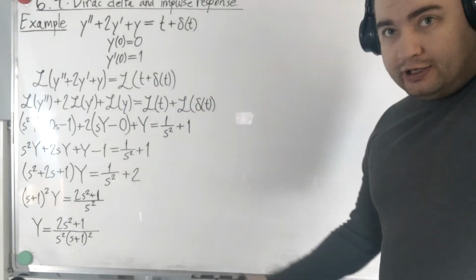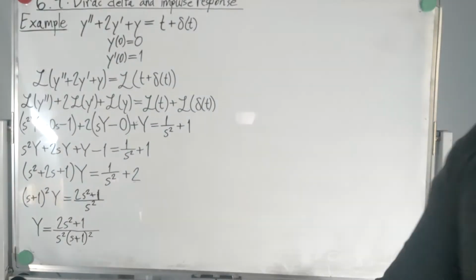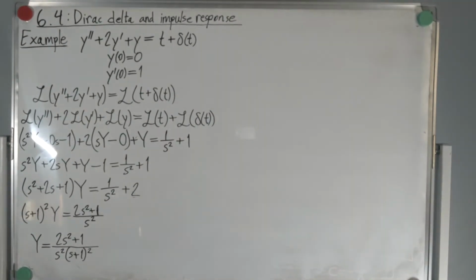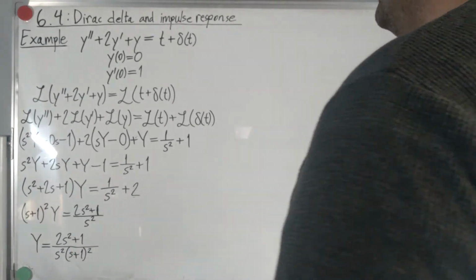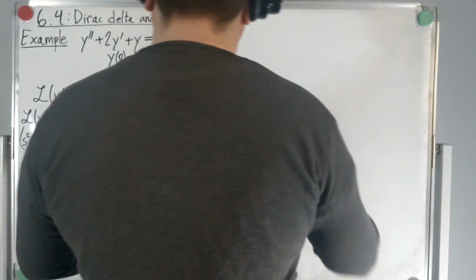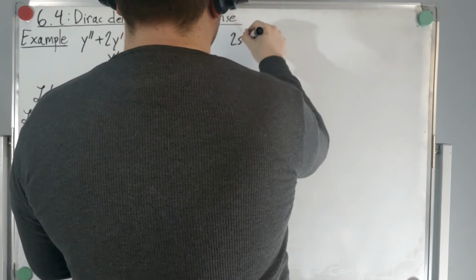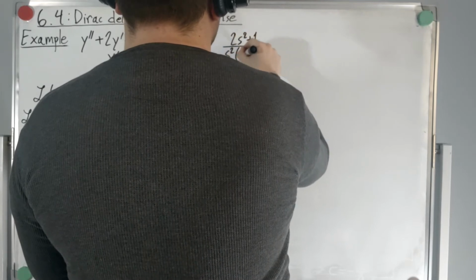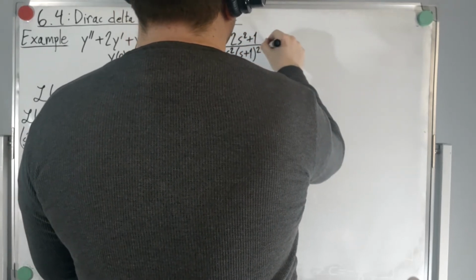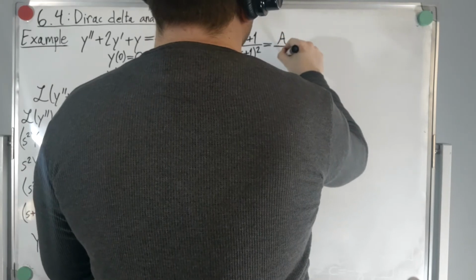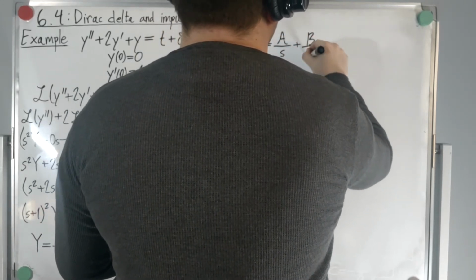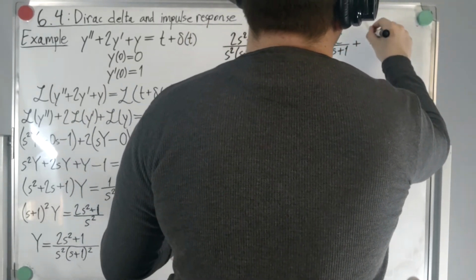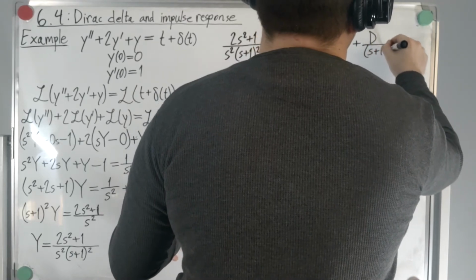And now what we need to do is find the inverse Laplace transform of that. So, once again, we're going to have to use partial fraction decomposition. So we have (2s squared plus 1) divided by s squared times (s plus 1) squared. This decomposes into A over s plus B over s squared plus C over (s plus 1) plus D over (s plus 1) squared.